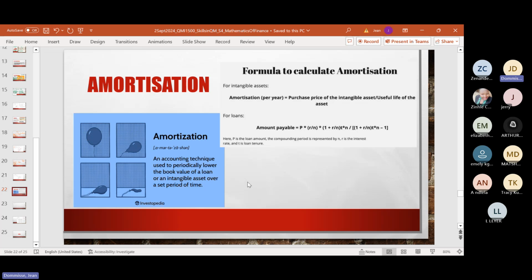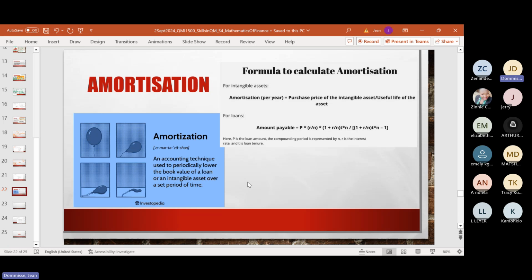I don't want to say it's done monthly, because it can be quarterly, yearly, or whatever. But the best examples of amortization are a home loan, a car loan, and a personal loan. All of those things you pay back on a monthly basis until the loan has been paid off. So that is amortization.